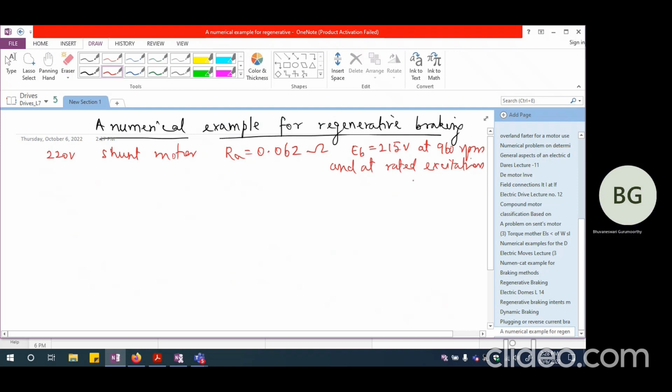Okay. And under this condition, we should be able to definitely calculate what is the torque. I don't think that will be a big deal.